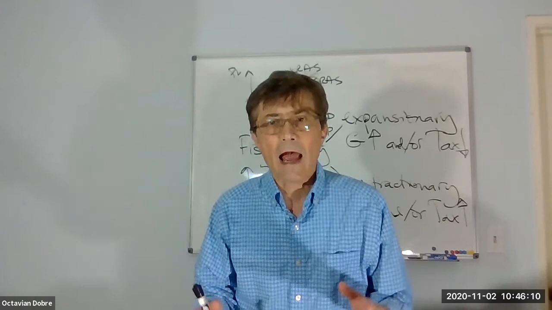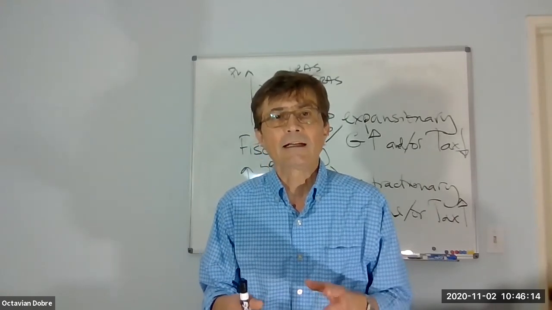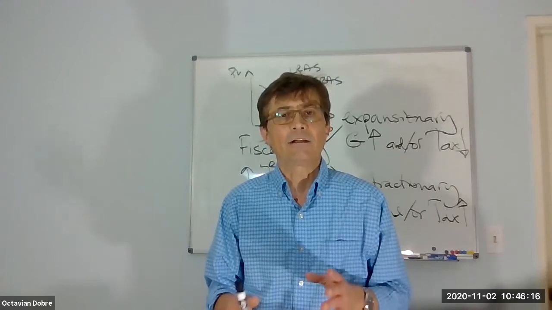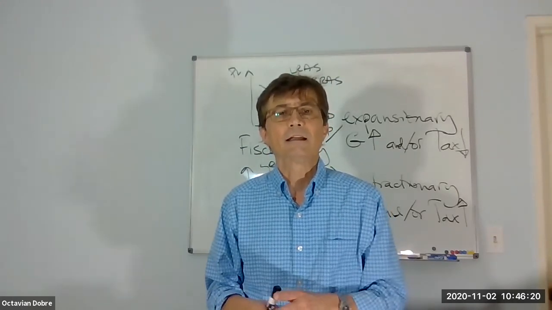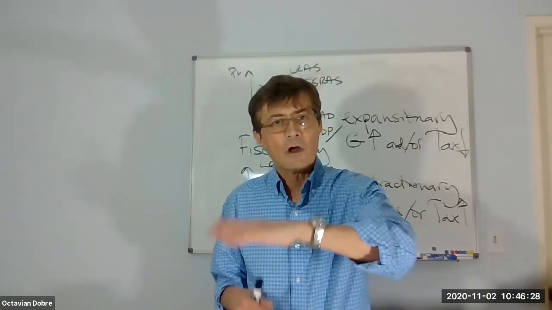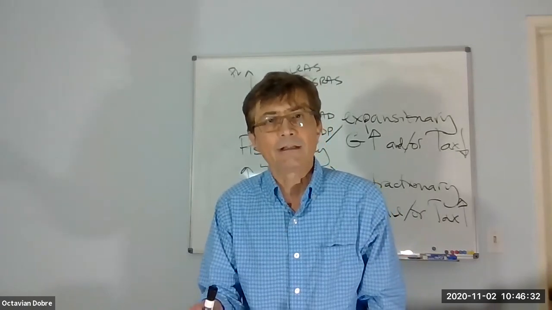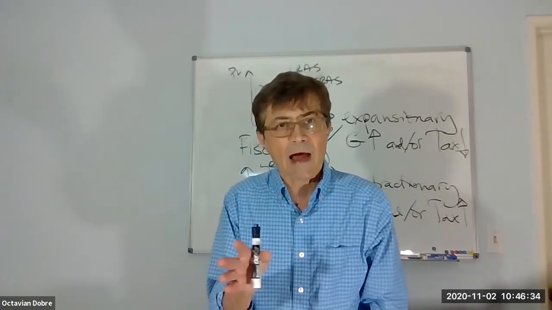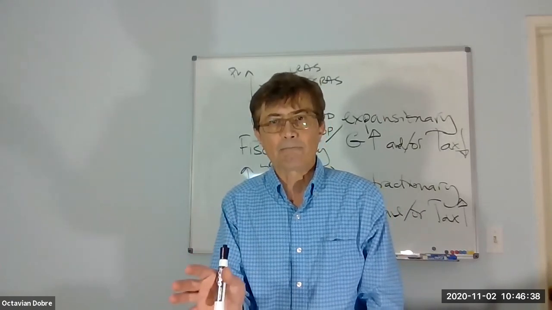What does the aggregate supply curve look like in the Keynesian model? Can anybody tell me? A horizontal line. So associate the Keynesian supply curve with a horizontal line, where changes in aggregate demand will not impact the price level, but will impact the GDP.